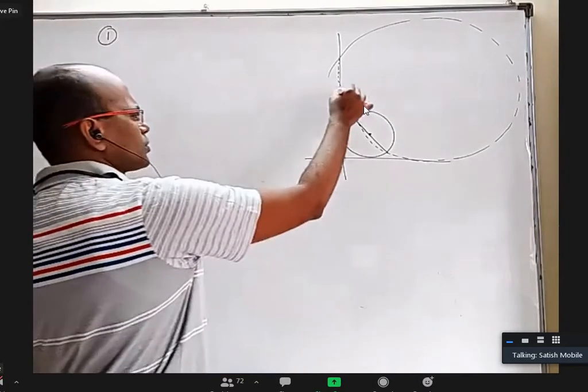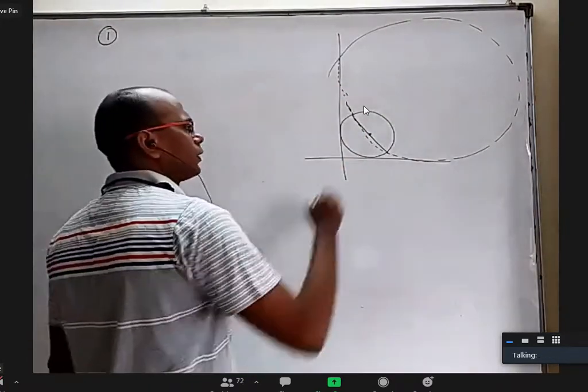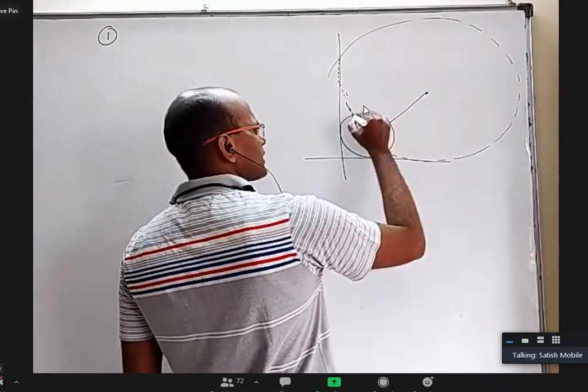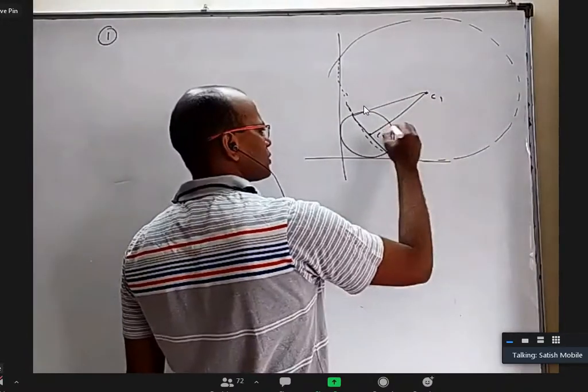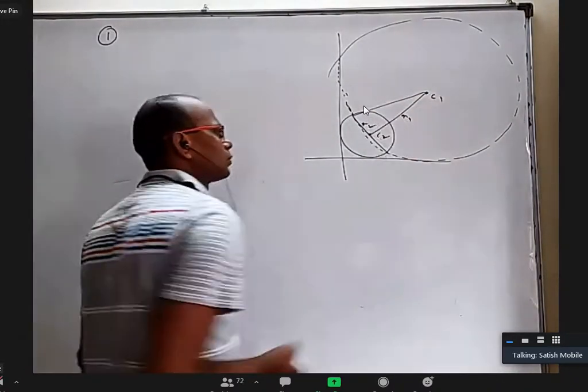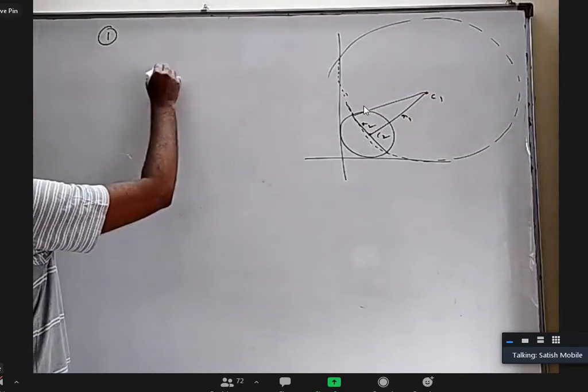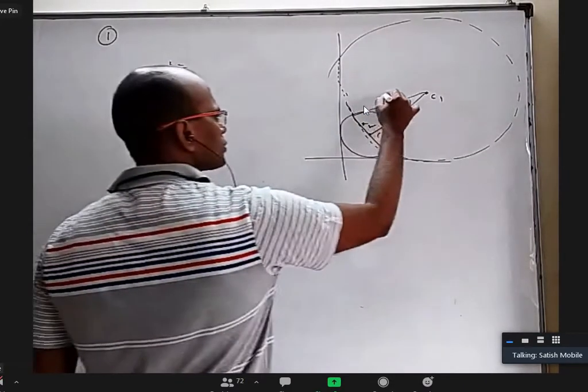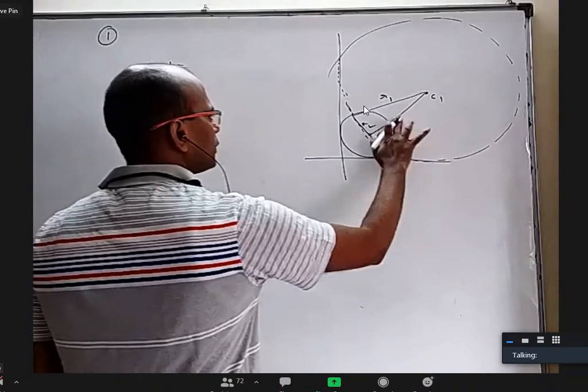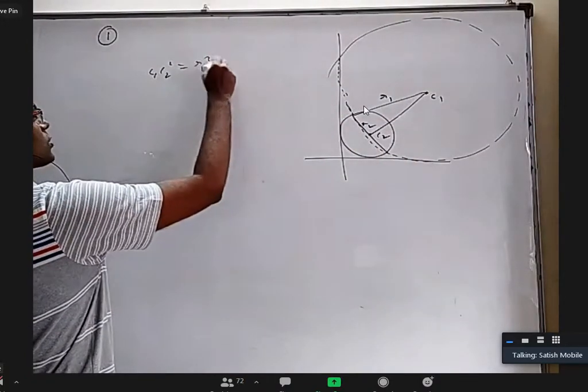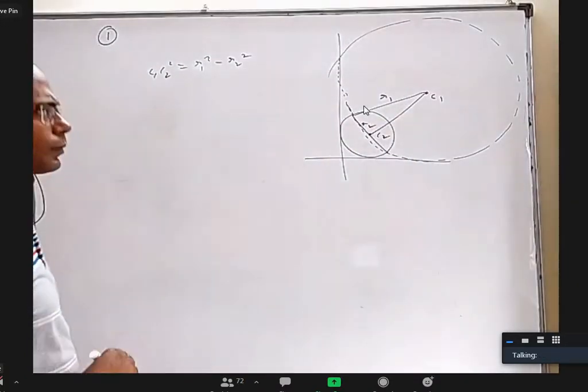Matching one, we've done almost the same questions. We can quickly do this. This is the same as bisecting the circumference. You can take this as C1, this is C2, this is R1, this is R2, and use C1C2 square equal to R1 square minus R2 square.